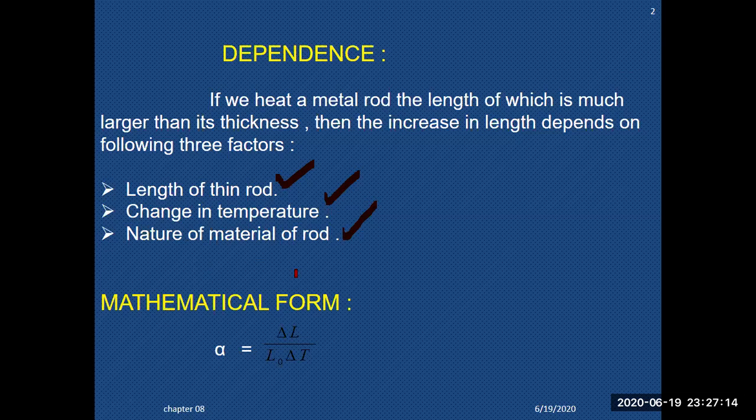So if you look at this, the formula is derived like this: change in length, that is del L, is directly proportional to del T. Increase in temperature increases the length. So here it is.